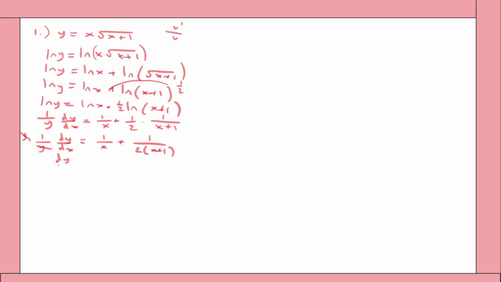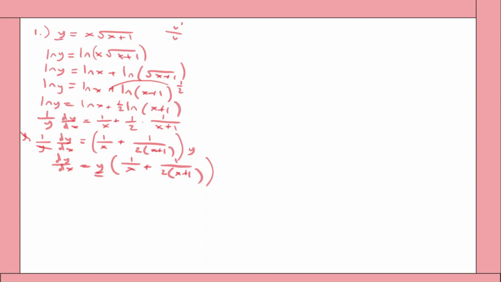So dy over dx equals, we really just want to do the same thing to both sides. So if we multiply by a y here, we have to multiply by a y here as well. So this is y multiplied by everything else: 1 over x plus 1 over 2 times x plus 1. Okay? And the last thing you want to do is, because we have a y here, we actually know what y equals.